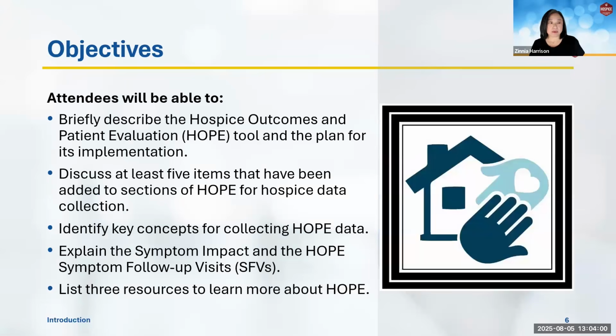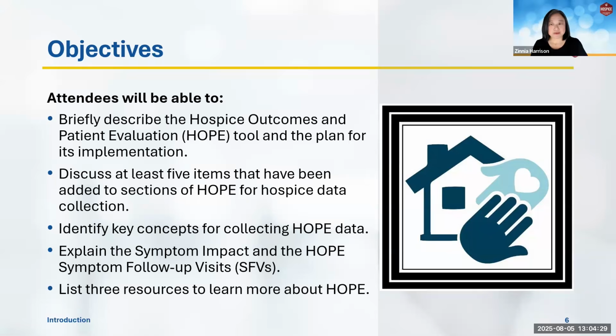At the end of today's webinar, you should be able to briefly describe the HOPE tool and the plan for its implementation, discuss at least 5 items that have been added to the section for HOPE hospice data collection, identify key concepts for collecting HOPE data, explain the symptom impact and HOPE symptom follow-up visits, or SFV, and list 3 resources to learn more about HOPE.